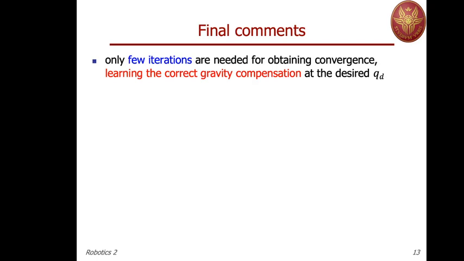So without any a priori knowledge, by applying PD control plus this special kind of feed-forward, we learn something at every iteration. We learn from the error, in a sense, from one iteration to the other. And this error allows us to learn the correct gravity compensation at the destination.